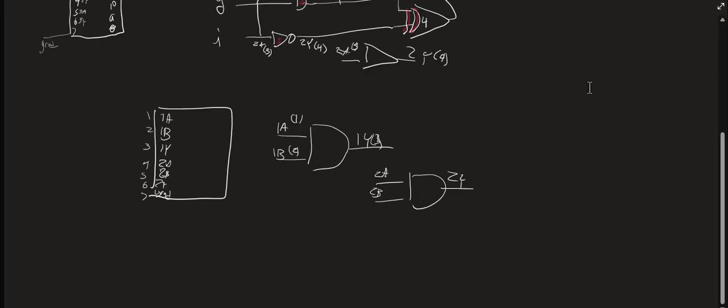I'm trying to remind myself. Okay, so we put in parentheses the pin number, and we write out 1A, 1B.